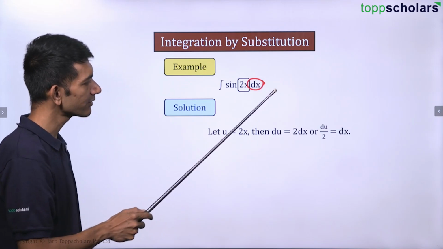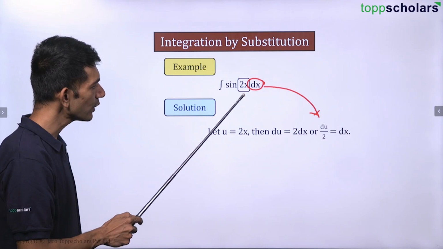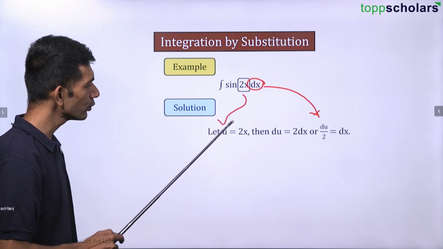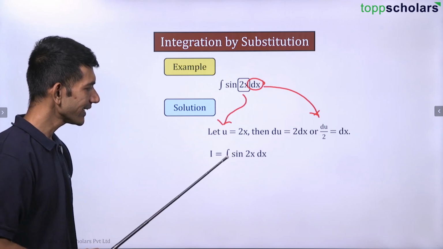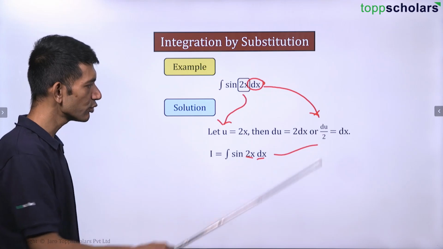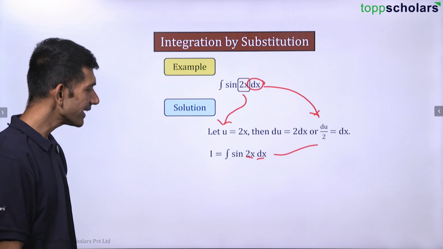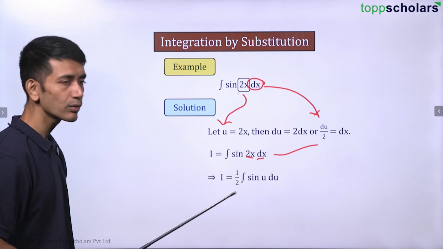Wherever you have dx, you put du by 2 now. Wherever you have 2x, you put u now. So see what you get. So integration of sine 2x dx, 2x is u, dx is du by 2. So you get integration of sine u du by 2. 2 is taken outside.